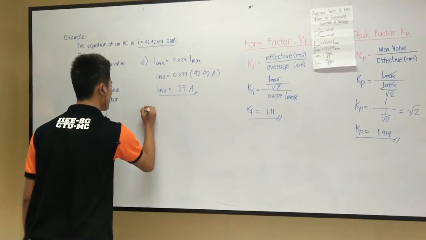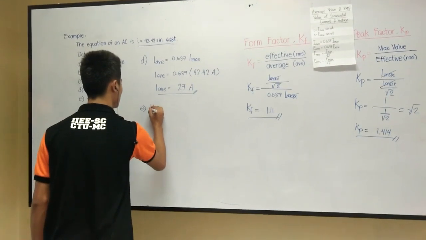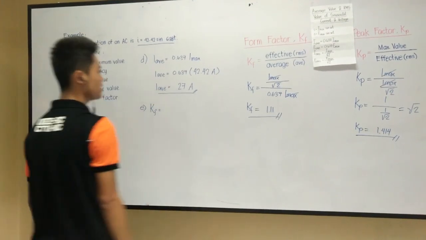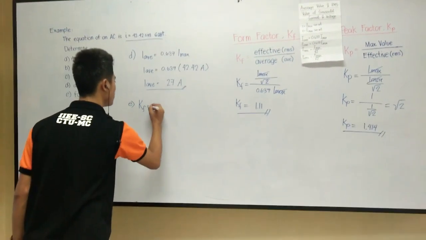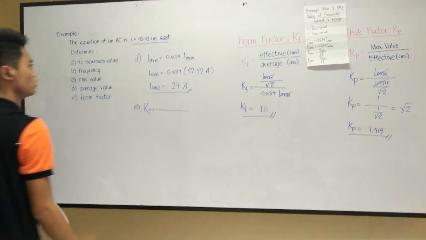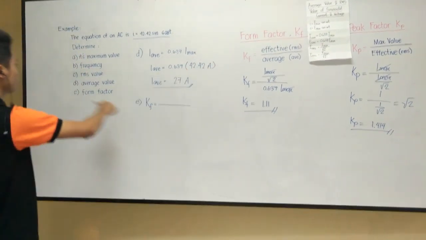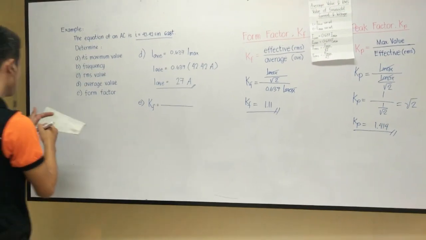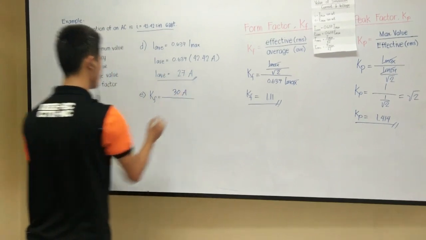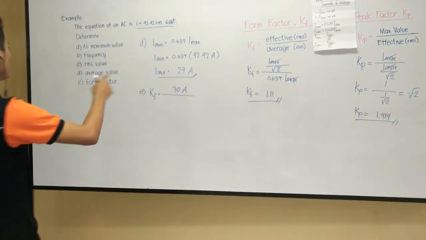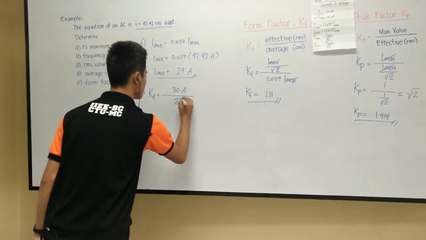And lastly is the form factor. So form factor KF is given in the formula effective value over average value. Our effective value is the value of our answer in letter C, which is 30 amperes. And our average value is our answer in letter D, which is 27 amperes.